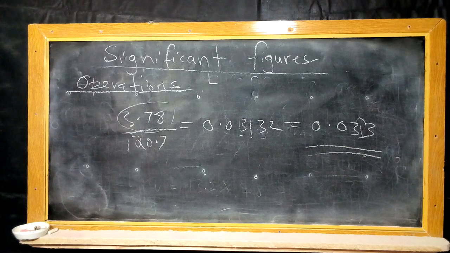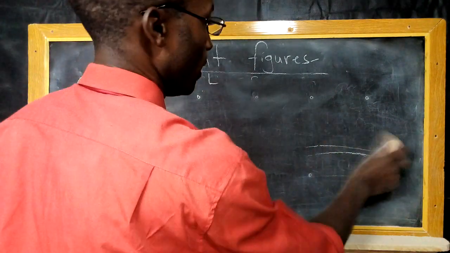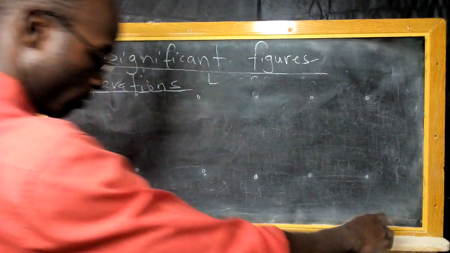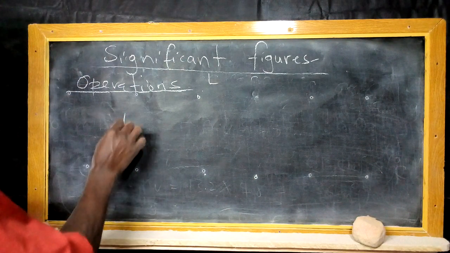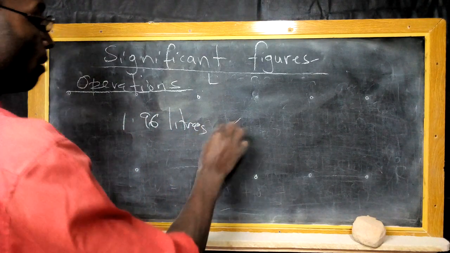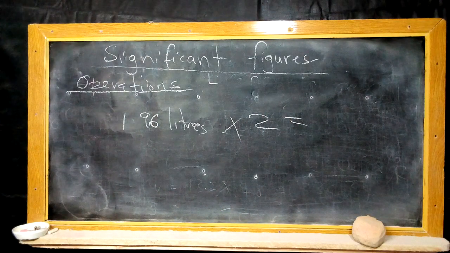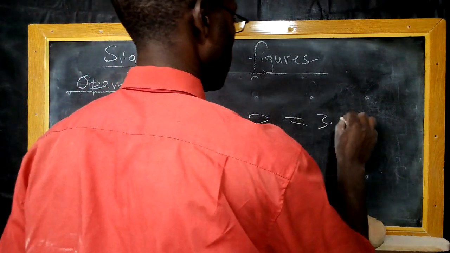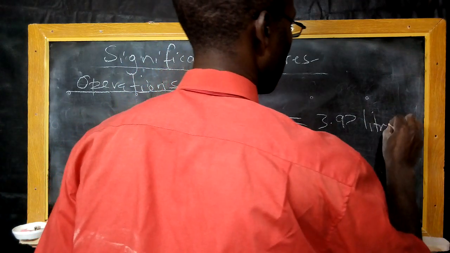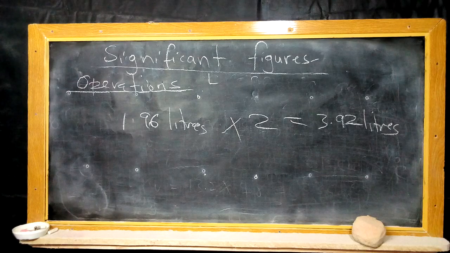For example, we multiply a number like 1.96 liters by a natural number like 2, then this is going to give us 3.92 liters. So it preserves the number of significant figures, which still remains 3.